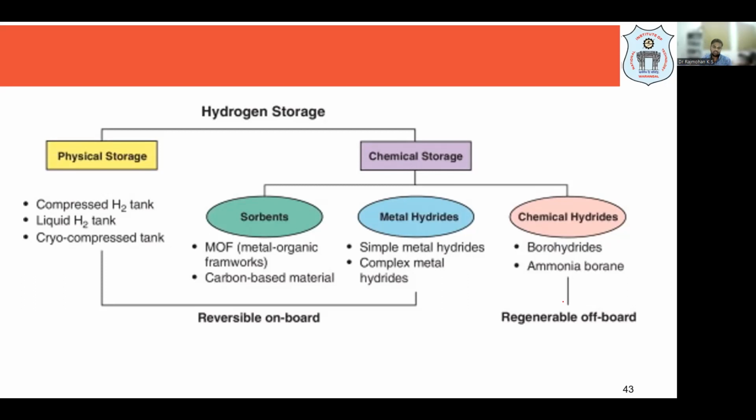So when we want it, we turn on something which releases hydrogen as per our requirement. Such sorbent storage includes metal organic frameworks, which are being developed and are known to absorb hydrogen because they have interstitial spaces where hydrogen atoms can be stored. Or we can have carbon-based material which can absorb and keep hydrogen.